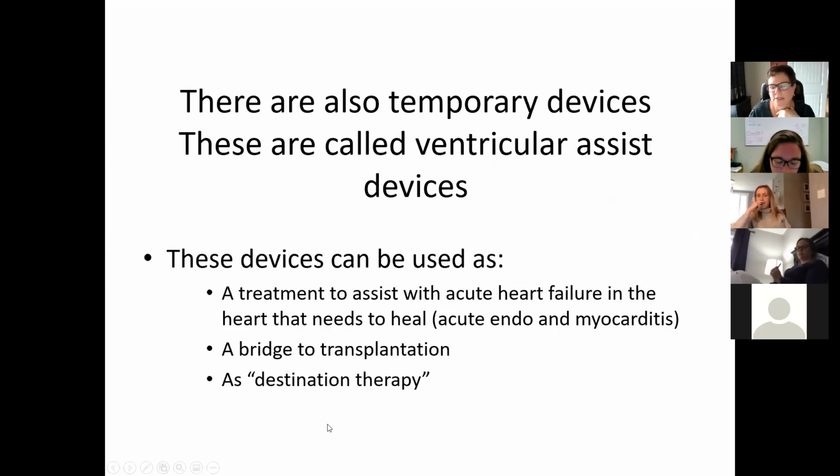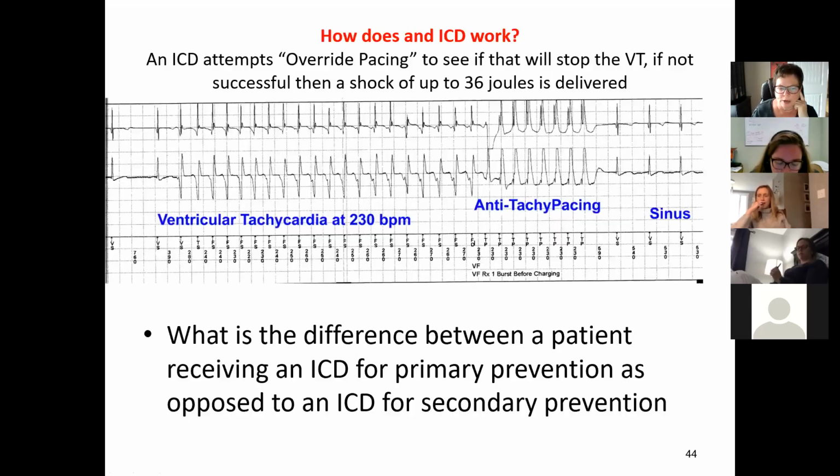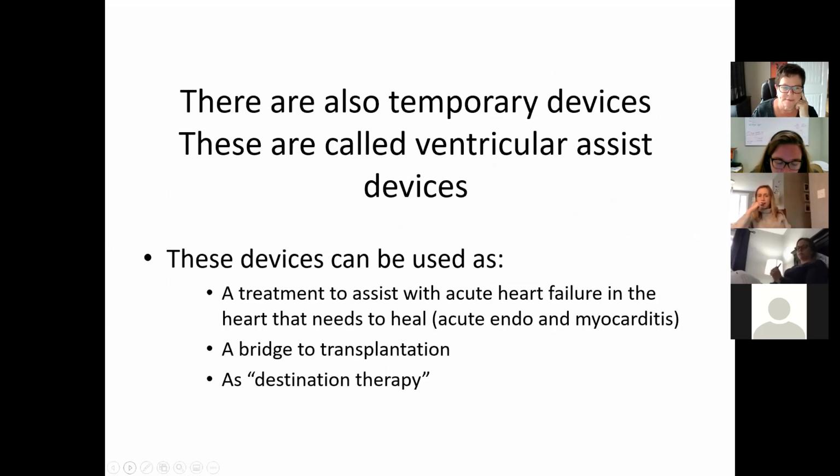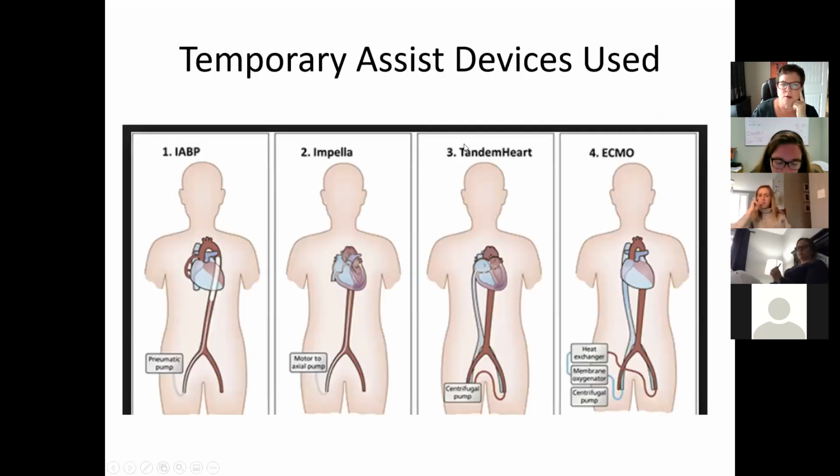If your patient is in acute decompensated heart failure, we can also use some temporary devices. A balloon pump, something called an Impella, and there's also something called the Tandem Heart. And then probably the highest level of support is ECMO.